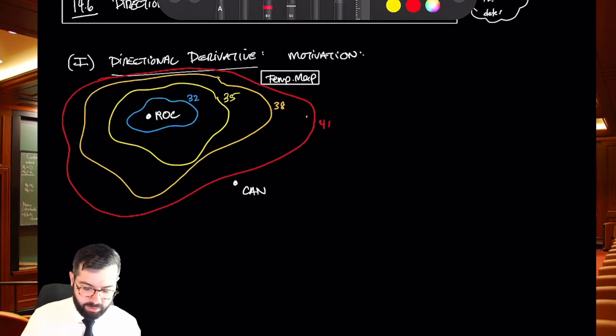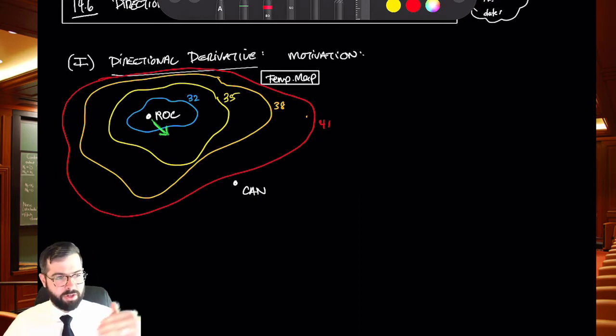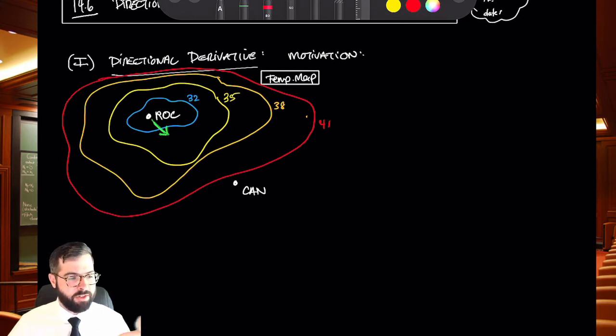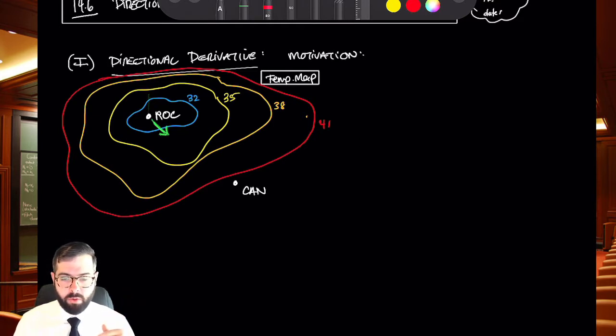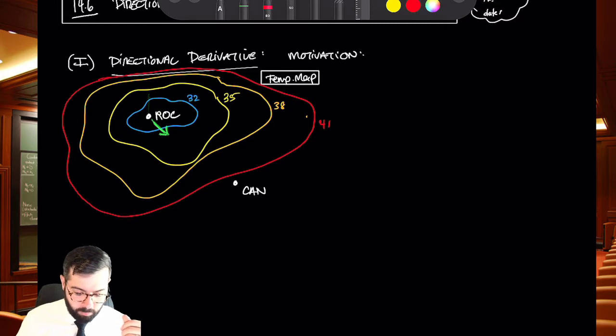But in the real world, so to speak, I might want to say, well, if I make a move from Rochester to Canandaigua, right, if that's my direction of motion, what's the resulting rate of change in the temperature, right? So this is the idea behind the directional derivative. I'm not moving just up, just down, just left, just right. Moving in a particular direction, how is the output going to change at an instantaneous rate, right? Can we do that? So this is the idea. And we can do that.